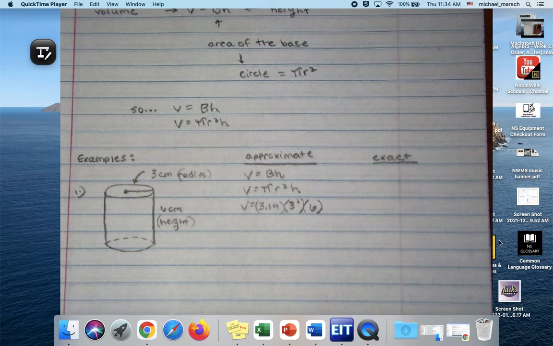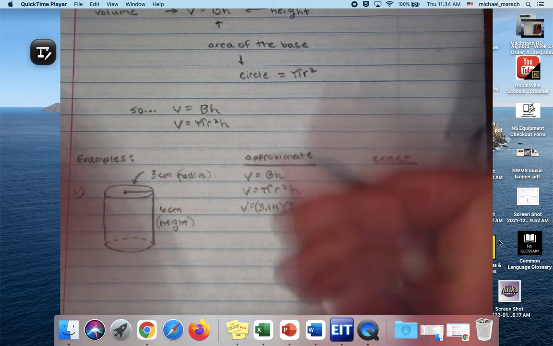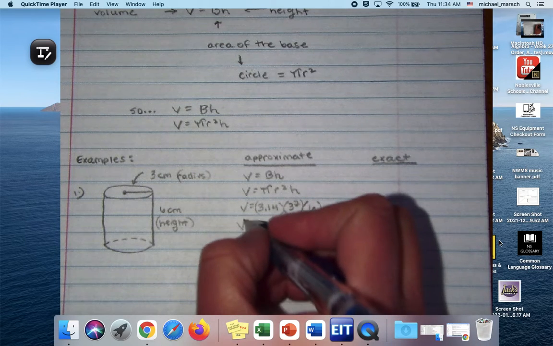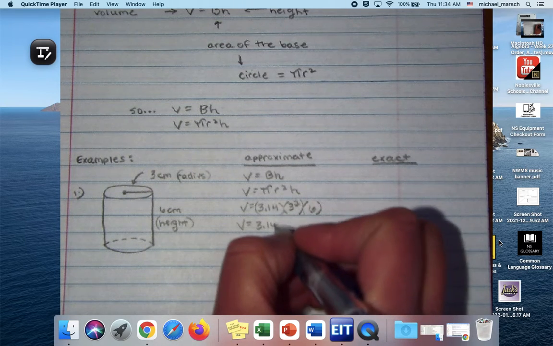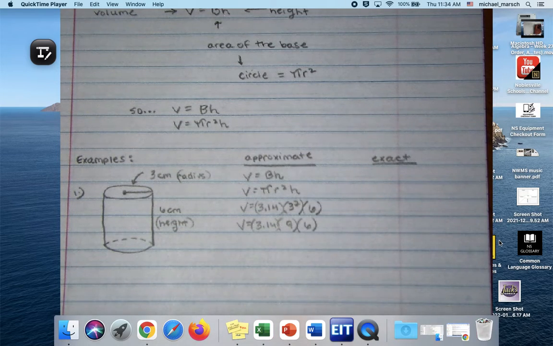That's 3 squared or 3 to the first power? 3 squared. So then I would have volume equals 3.14 times 9 times 6.